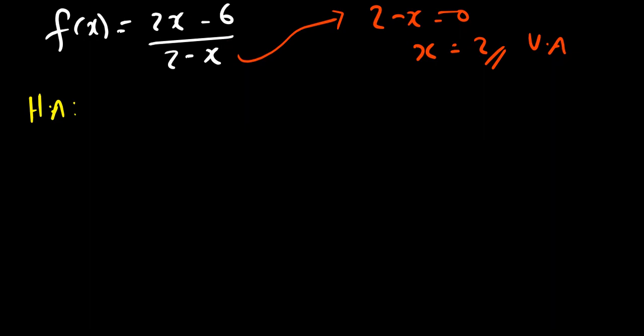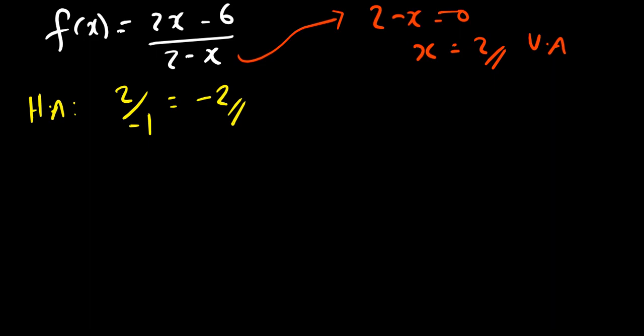So we're going to divide by the coefficients of x. The one on top has a 2, and the coefficient of x on the bottom is negative 1. So therefore our horizontal asymptote will be at 2. Okay, that is very important to know.